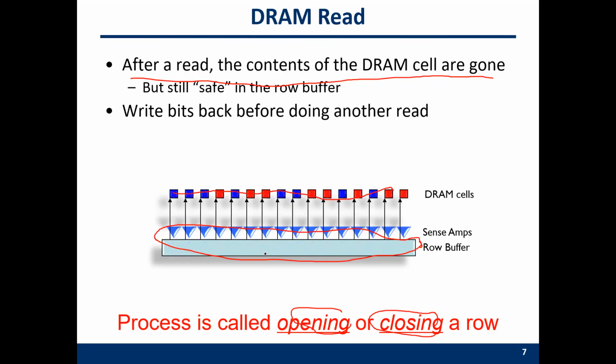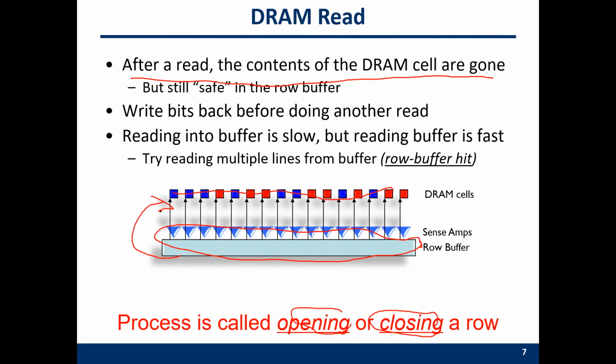So if we decide to close this row, we need to do a so-called restore operation. We need to do a restore operation before another read operation. Before the restore operation, we can read the data out of the row buffer if you have some hit in the row buffer.